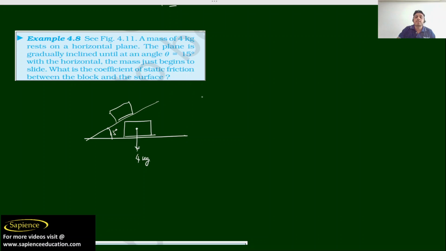What is the coefficient of static friction? So mu s is equal to what? Just now I told you the coefficient of friction is equal to tan theta, and here theta is 15 degree. So tan 15 degree is mu s. By using this you will get the answer.